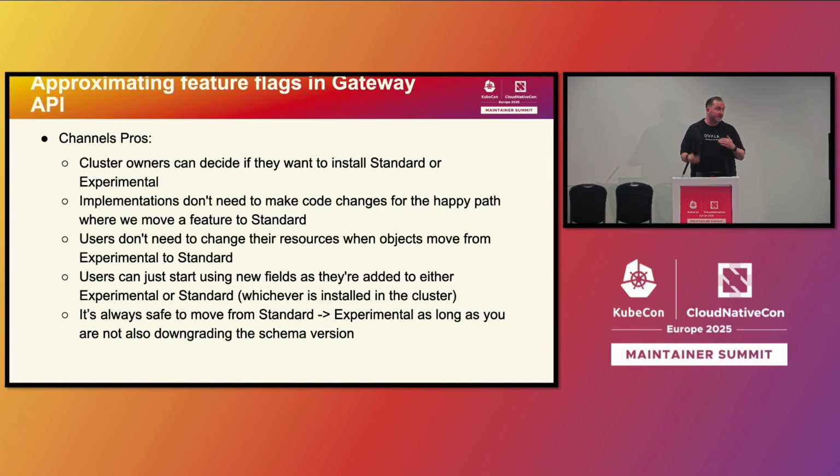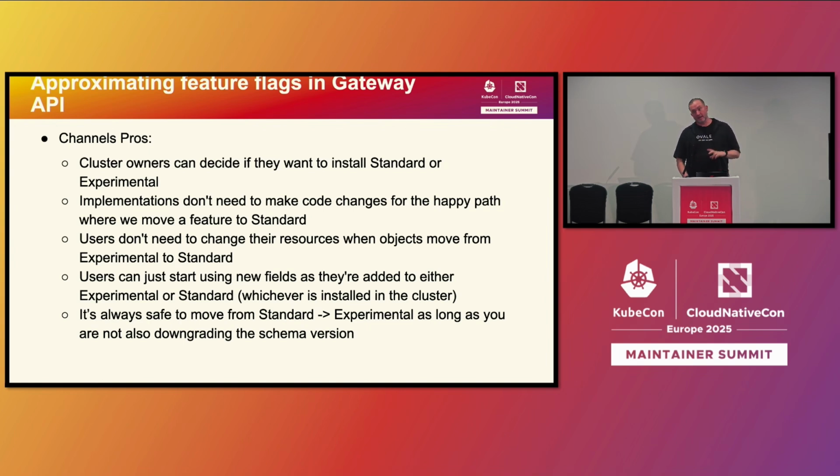Whether or not your implementation supports them is another story, but specification-wise, they're supported and the field will be saved. It's always safe to move from standard to experimental as long as you're not downgrading. So if you move from version 1.3 standard to version 1.3 experimental, that is a completely safe operation because experimental is a superset of standard, right?